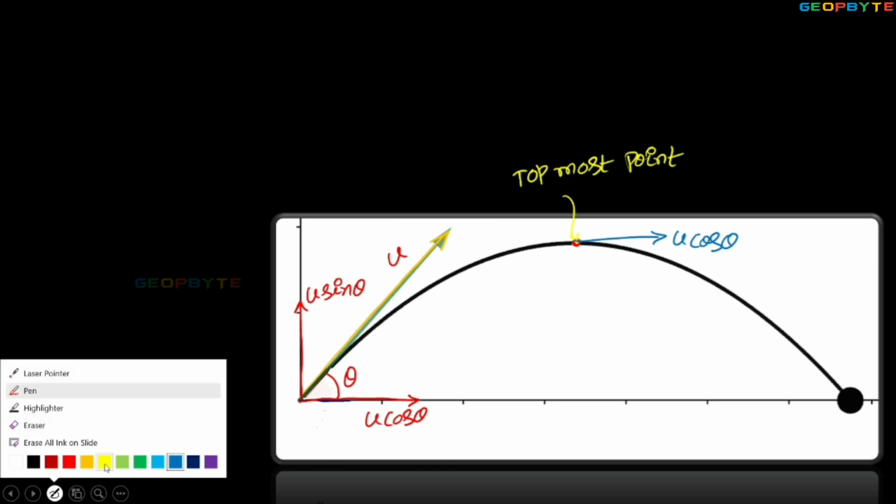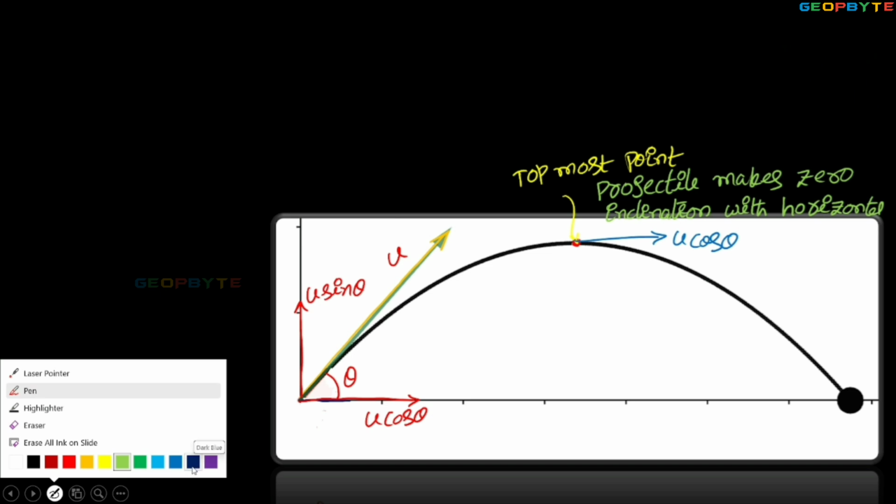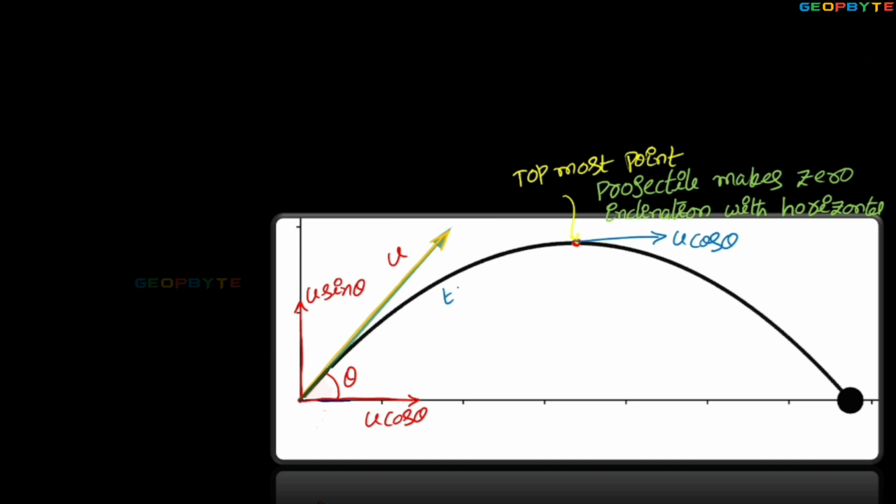At this point, the projectile makes zero inclination with the horizontal. For reaching that point, it is clearly given that the time required is t.